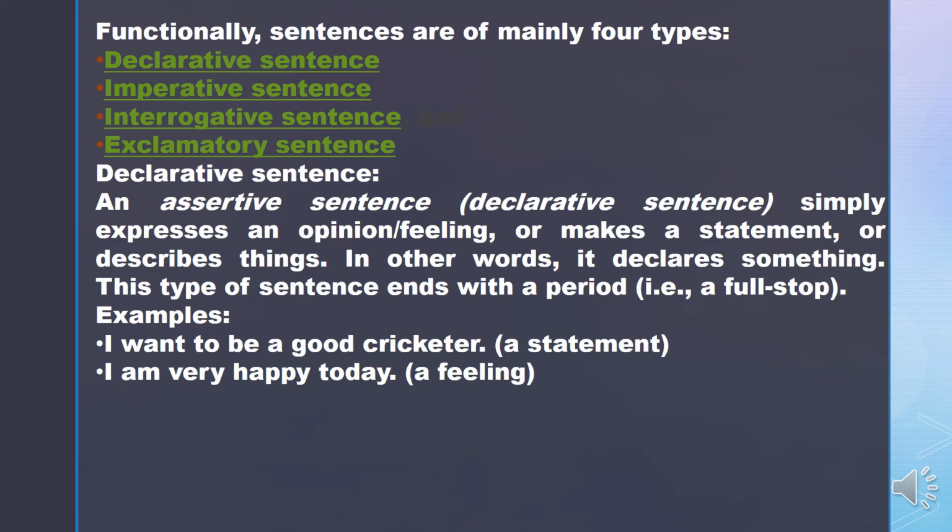In other words, it declares something. This type of sentence ends with a period or a full stop. For example, I want to be a good cricketer. It's a simple statement. I am very happy today. It's a feeling. So these are the examples of declarative sentence or simple sentence.